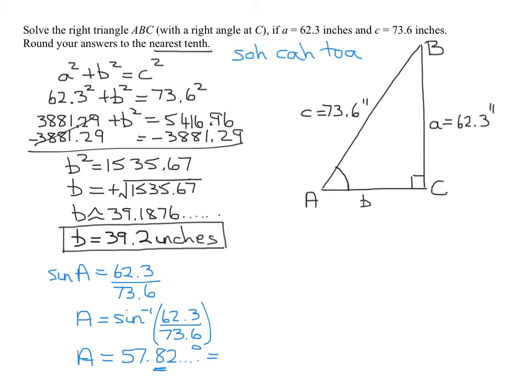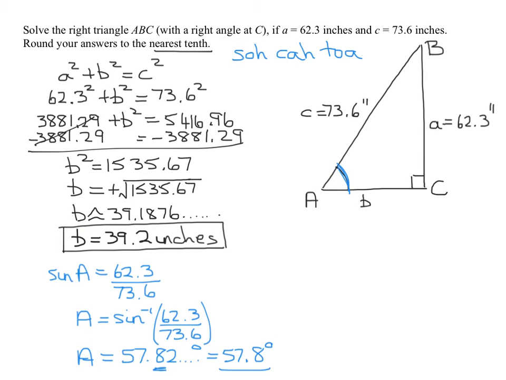So the 2 is not going to change the 8, so it's 57.8 degrees. So I've now found angle A right there as 57.8 degrees. Please make sure that you put the degree symbol on there, because if you just wrote 57.8, you're telling me that's radians. You have to tell me it is in degrees.